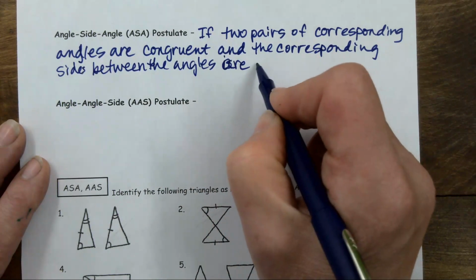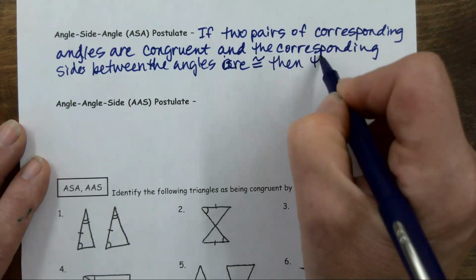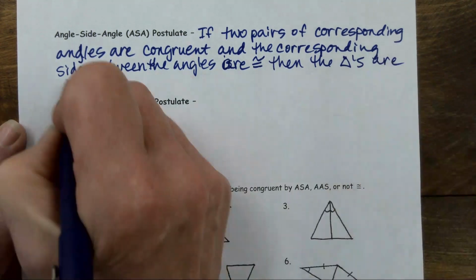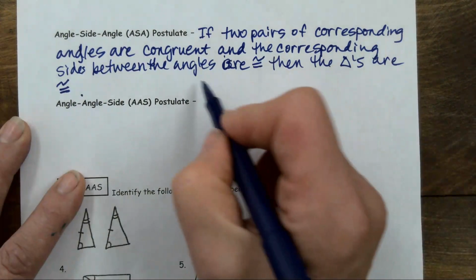This isn't English, sorry. Then the triangles are congruent. So let's take a look at what that looks like. I have my two triangles.